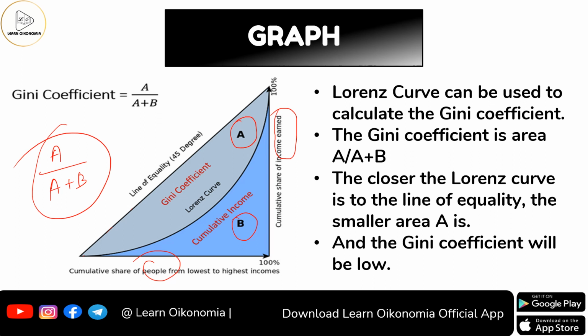If the Lorentz curve is closer towards the line of equality, this makes region A smaller. The closer the Lorentz curve is to the line of equality, the smaller the A region will be. So let's consider more about it.